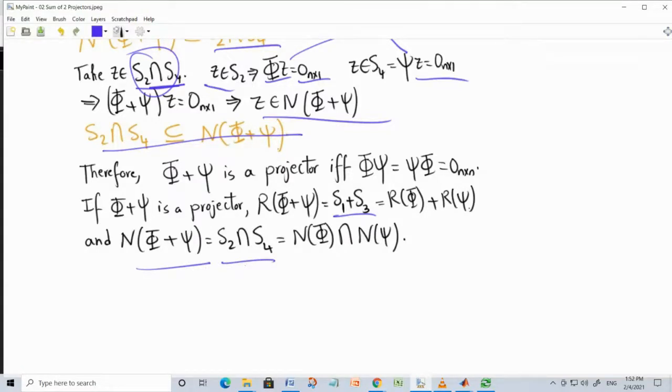Any problem like this will be solved in a similar way. You take the matrix, perhaps you square it. Here in our case, we focused on phi plus psi, but you can do other things, as you will see in the problem set. Okay, any question?